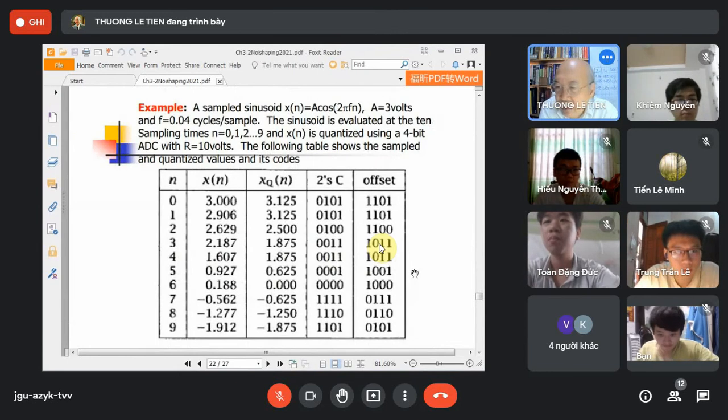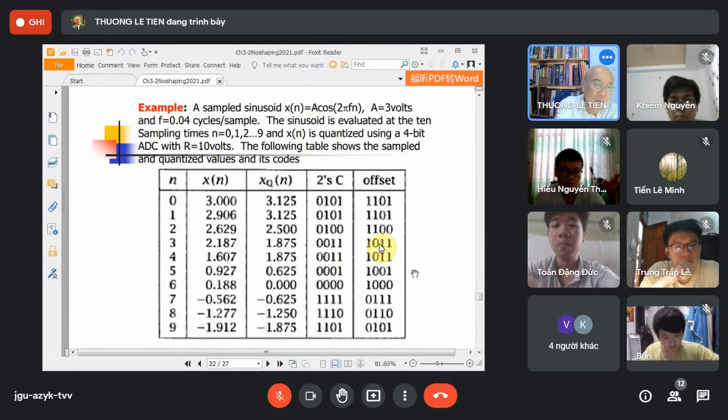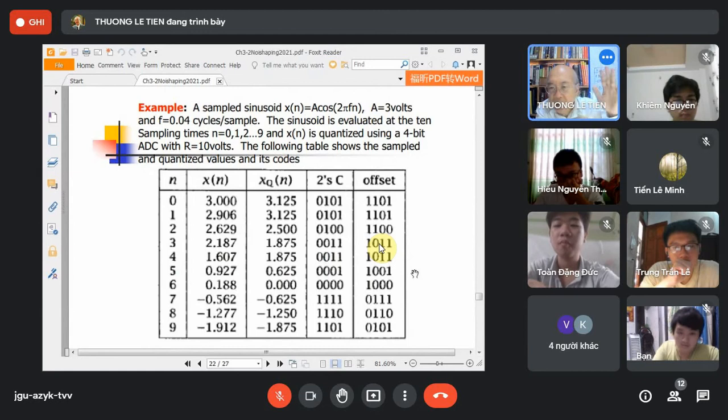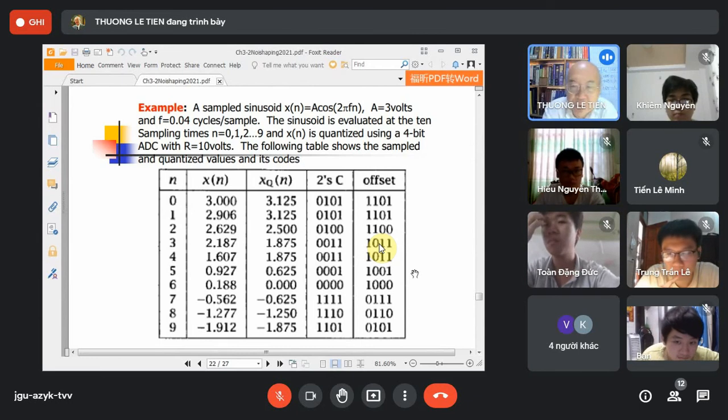I'll let you take a few minutes to recognize the significant information in this example. Try to recognize by yourself rather than I just explain. Try to think over and recognize why we get N and then Q and then two's complement, offset code. This would be better for you to understand.